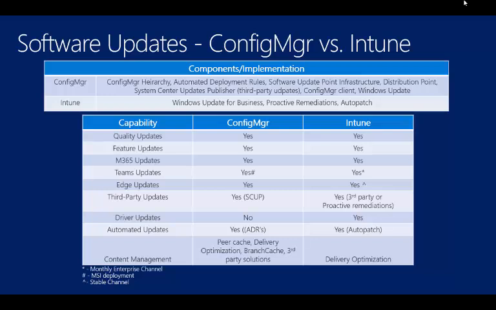We have the ConfigMgr hierarchy. We have automated deployment rules, potentially. We definitely have the software update point infrastructure. We have a distribution point that's needed. We have possibly System Center Updates Publisher if we're going to be doing third-party updates. Definitely the client and maintaining client health. Windows Update or WSUS, required, right?